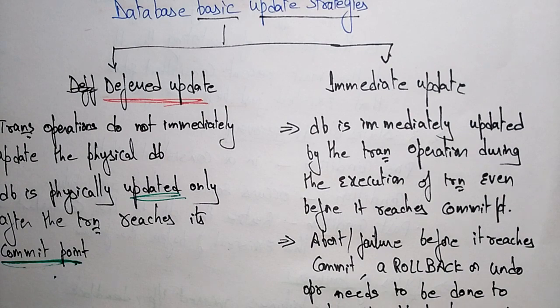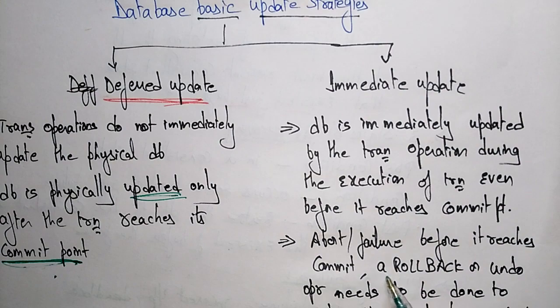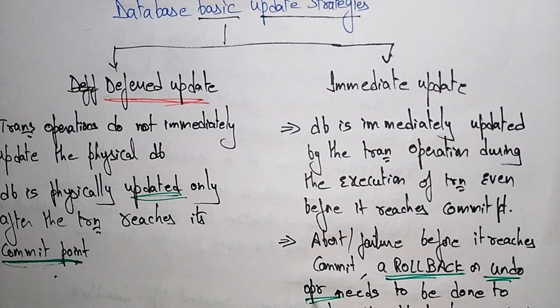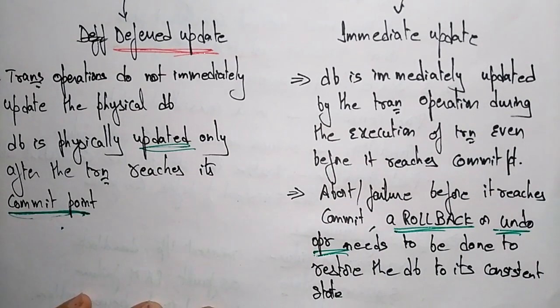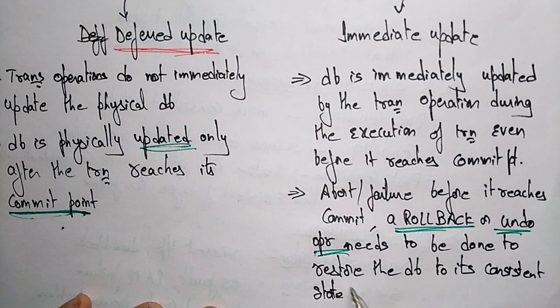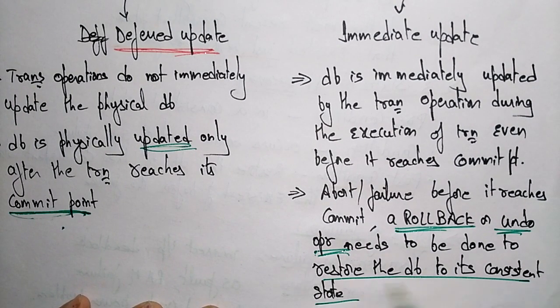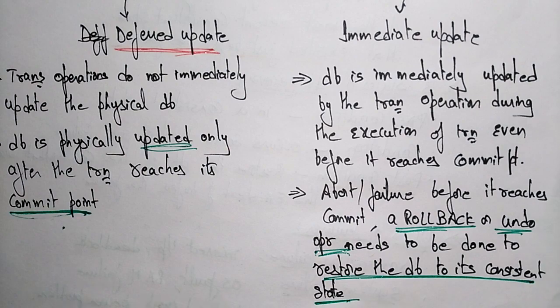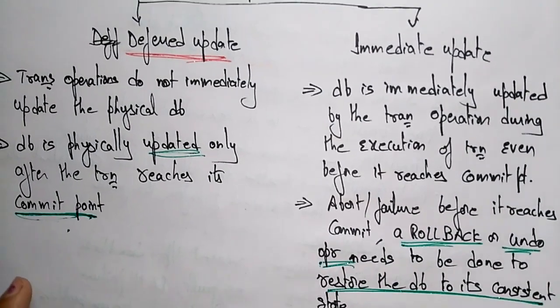Suddenly your system may fail while your transaction is aborted. In that case, if you use rollback or undo operations, whatever data was in a consistent state before the failure will be restored. So this is about the immediate update.